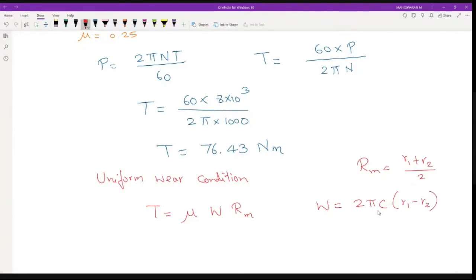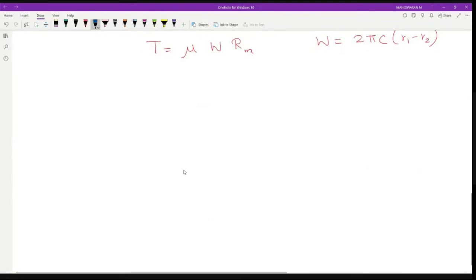First I have to identify what this C is. There is a relation: P into R is equal to C. In this case, you should always consider the maximum pressure intensity.